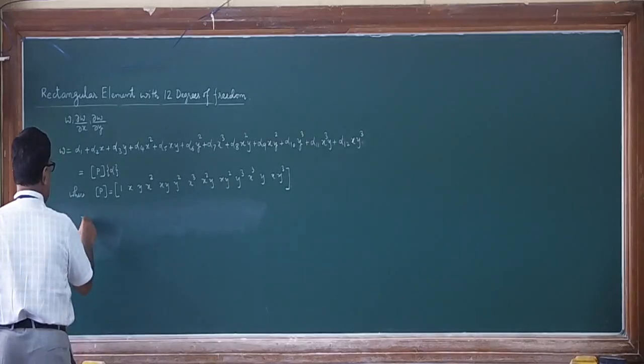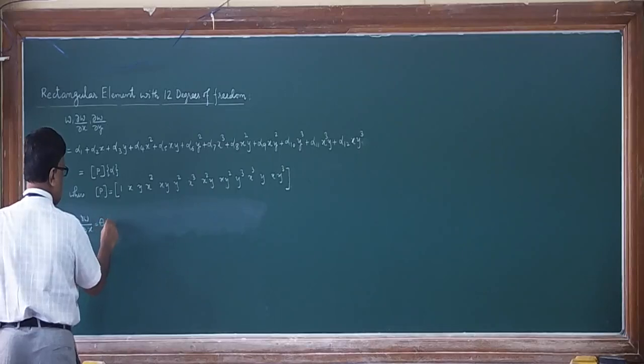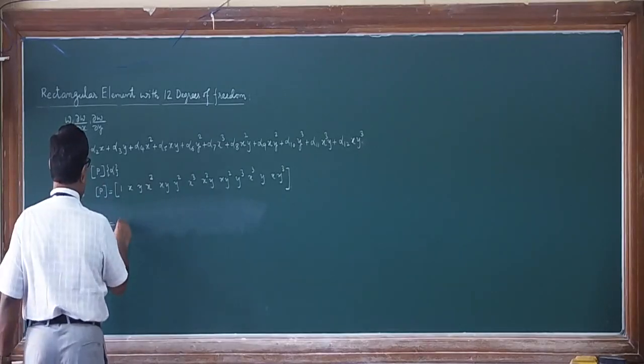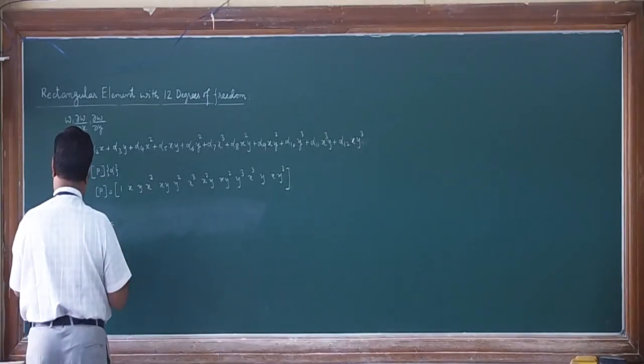See, dou w by dou x, which is our theta x. There is no constant term, because there is no x.